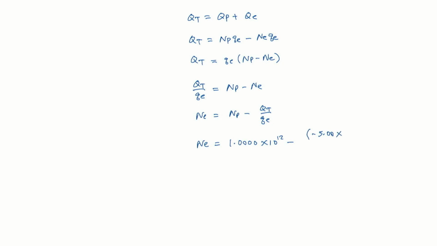So let's convert this to coulombs by changing the nano into a times 10 to the minus 9. The fundamental charge is 1.60 times 10 to the minus 19 coulombs. The 5.00 limits us to 3 sig figs, and so we find the number of electrons is 1.03 times 10 to the 12th.